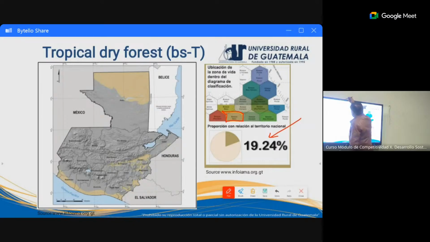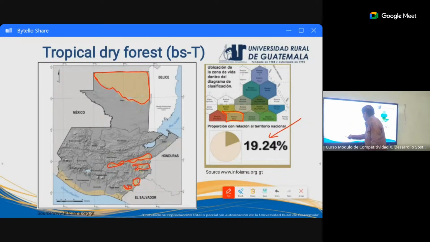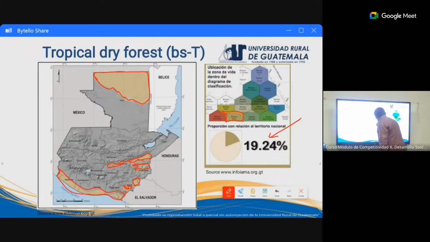And you can see that this color is here, this area in our country. So we have also this area here, also here, and also here, and this part of our country. So this is the tropical dry forest.